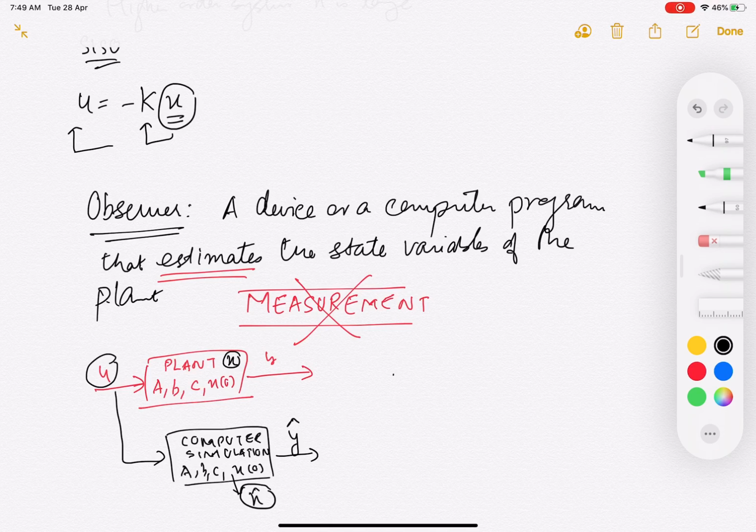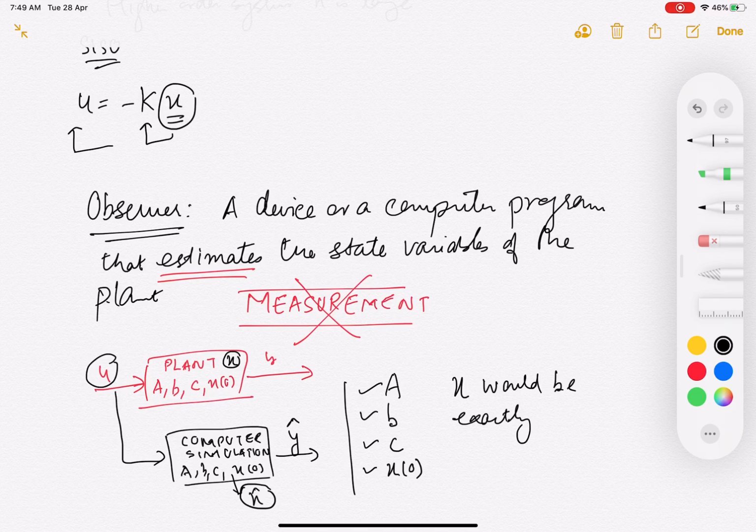If your knowledge of A, knowledge of B, knowledge of C, knowledge of x0 is good, then X would be exactly followed by X hat, right?